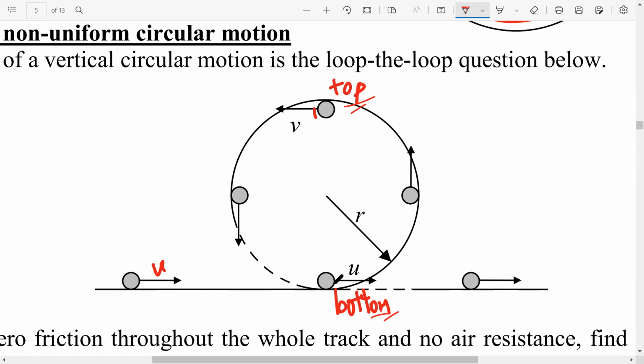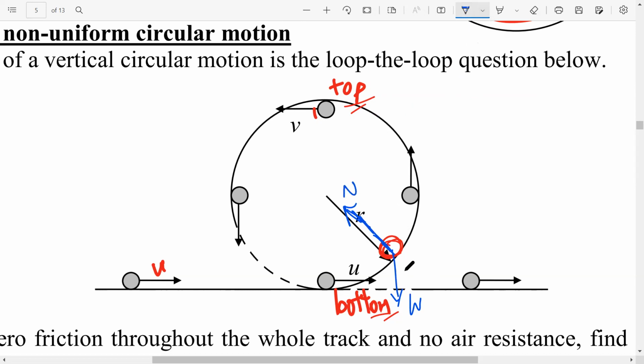So why does it decrease? Let's talk about the forces. As it goes up, the weight is downwards, and there'll be a component of weight downwards. And there will be a normal contact force that is towards the center of the circle.